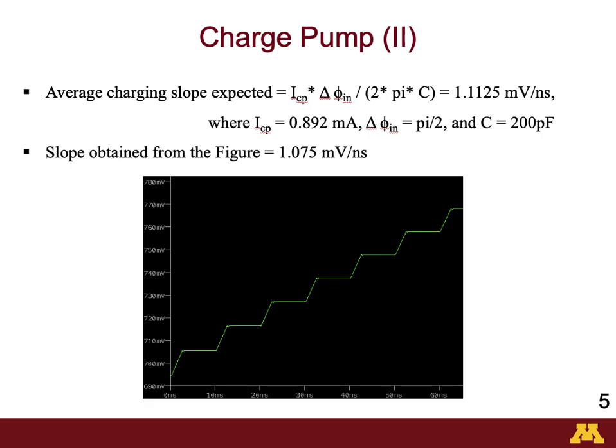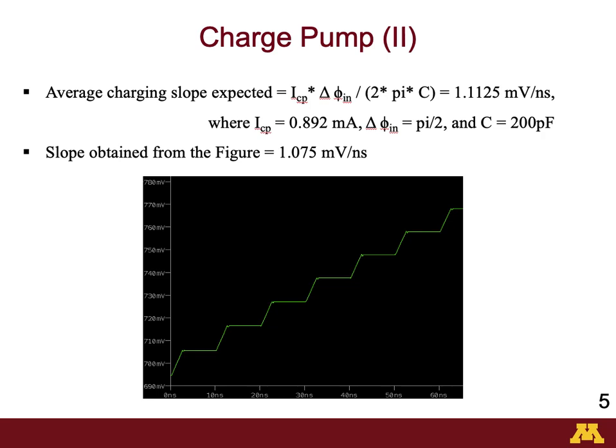Let's calculate the average slope of this charging operation. In this equation, del phi in is the phase difference between the two charge pump inputs. The more the difference, the steeper the slope.